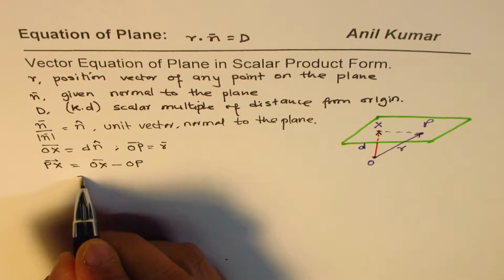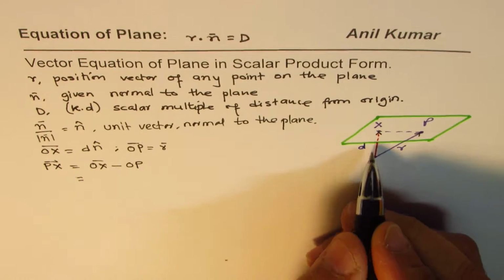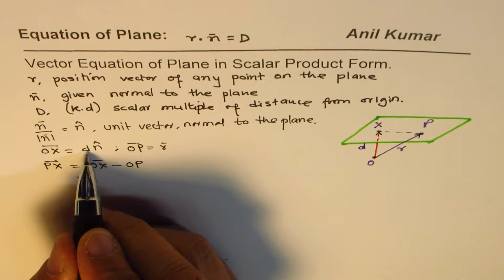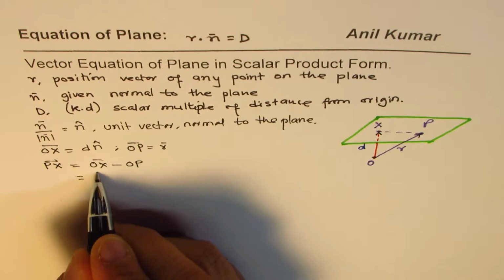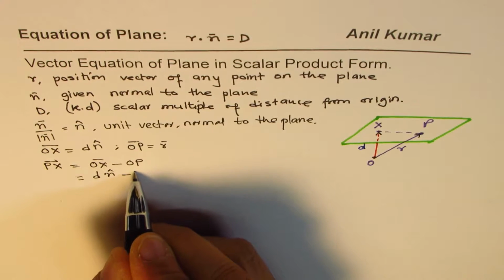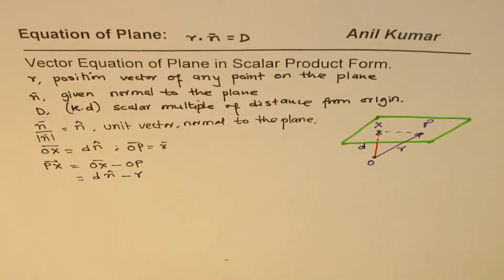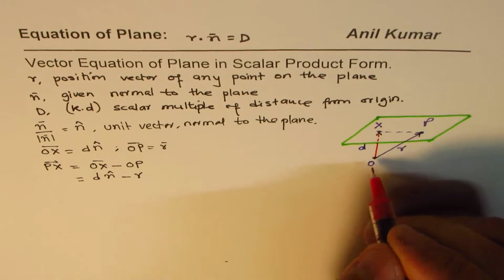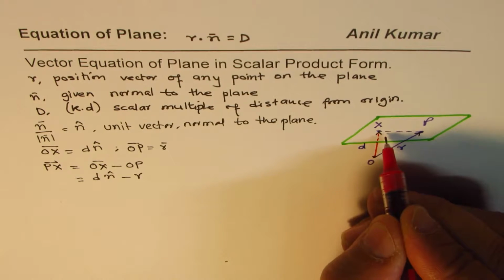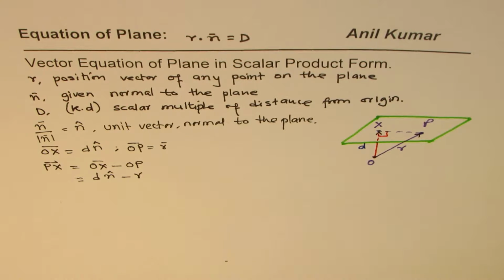So PX can be written as OX, which is d times the unit vector, minus OP, which is r. That is PX for us. Now, as you know, OX is normal to the plane, so when you join any point on the plane, it will be at right angles, correct?